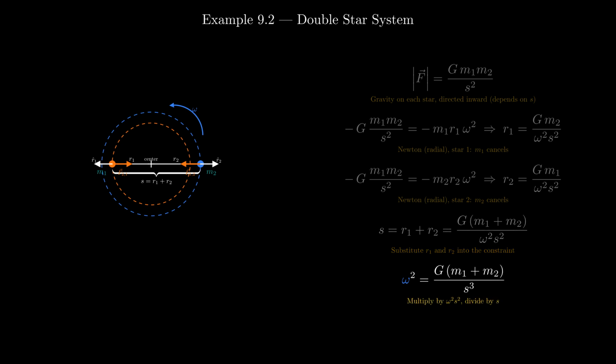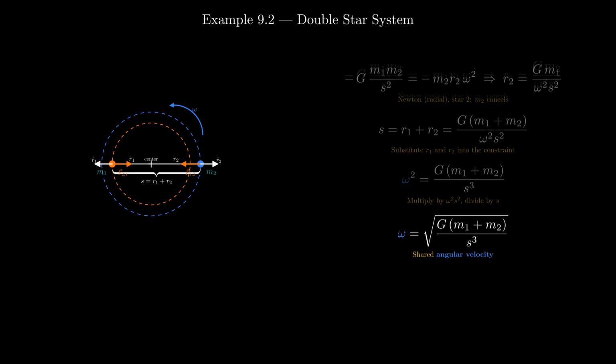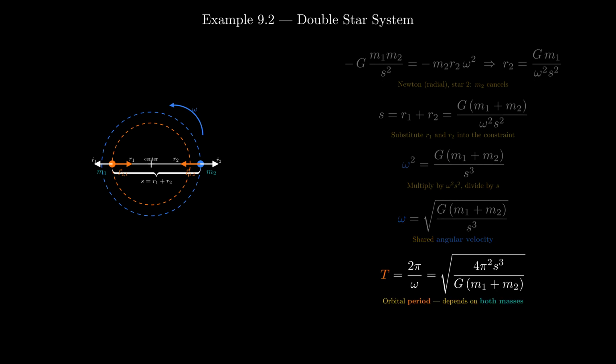Multiply through by omega squared s squared and divide by s, and omega squared equals G times the sum of the masses over s cubed. So omega equals the square root of G times m sub 1 plus m sub 2, all over s cubed. Finally, the period, T equals 2 pi over omega, becomes T equals the square root of 4 pi squared s cubed over G times the sum of the masses.